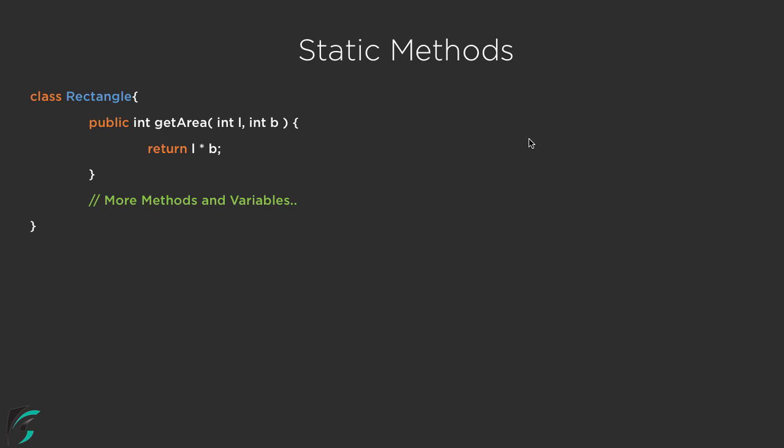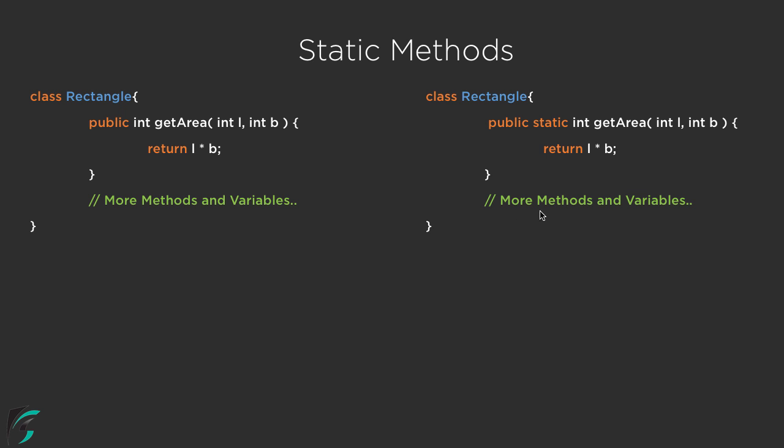And on the right hand side, here I have the class Rectangle, but this time I am having the getArea method that has the modifier of static keyword. So this method is known as the static method in Java because we are using the static keyword here. This method again returns the area of the rectangle, and this class contains more methods and variables apart from this method.